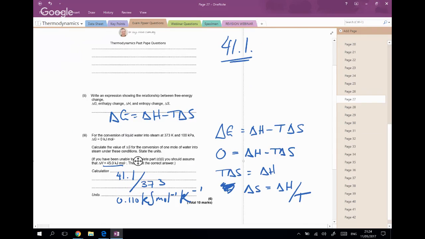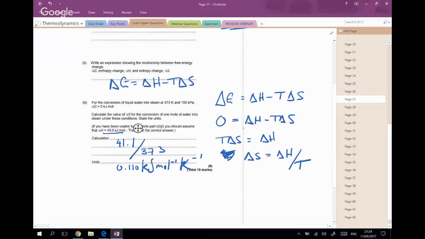Now strictly speaking, we'd often convert that back into joules per mole per Kelvin, and that'd be 110 joules per mole per Kelvin. But they didn't mind here whether you gave kilojoules per mole per Kelvin or joules per mole per Kelvin, as long as you had the figure correct in the first instance.